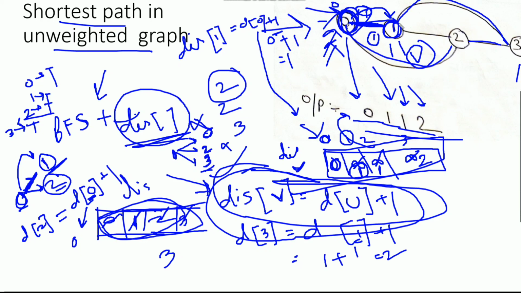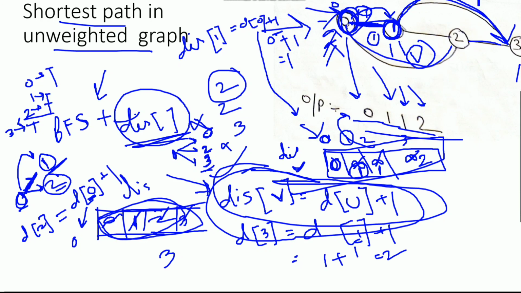Suppose my current vertex is vertex 1 and I'm going to iterate its adjacent vertices. Suppose its adjacent vertex is vertex 3. The distance between 1 and 3 is nothing but 1, because 3 is adjacent to vertex 1.